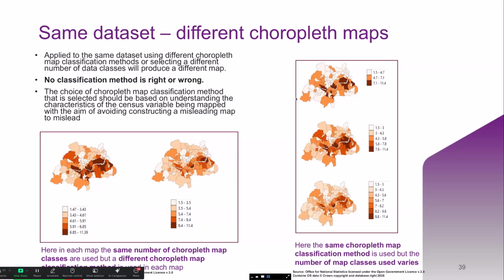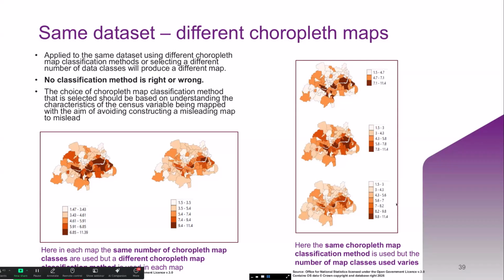You can also get a different map depending on the number of buckets you pick, as you can see here on the right. This is the same underlying data using the same boundaries and the same classification method, but I've varied the number of buckets between 3, 5, and 7, and you get a different map depending on which one you pick.